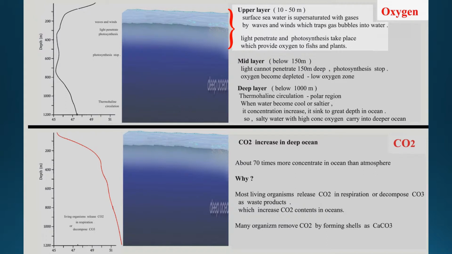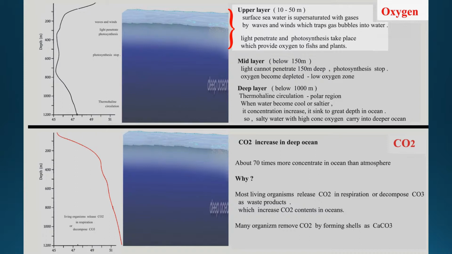You look onto the ocean. The upper layer, the surface water, is supersaturated with oxygen gas. Why? Because of the waves and the wind, they churn and make more oxygen soluble in water.